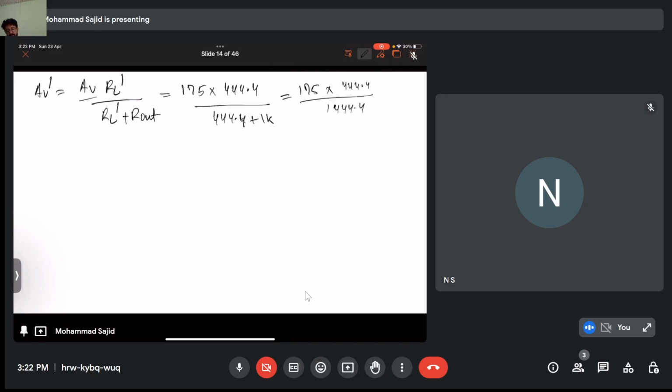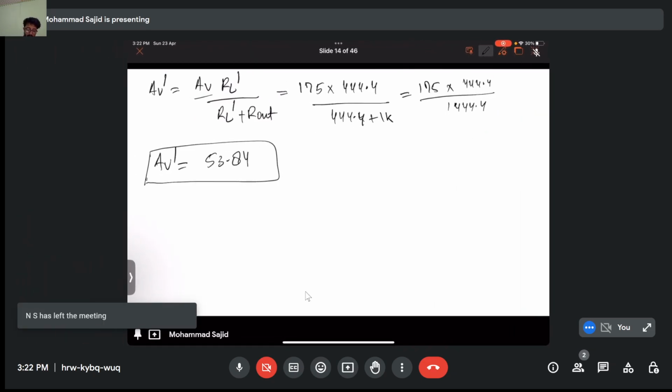Okay, so let's just calculate it. 175 multiplied by 4.4 divided by 5.4 comes out to be 53.84. So this is your new gain. It has changed because of the loading effect of the other resistor.